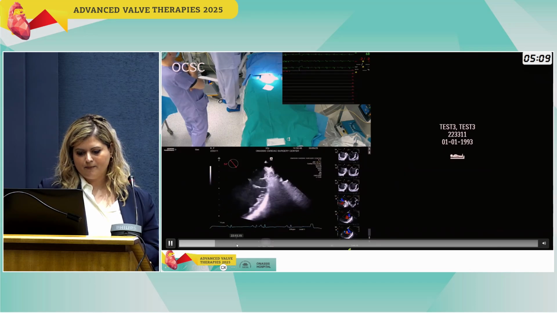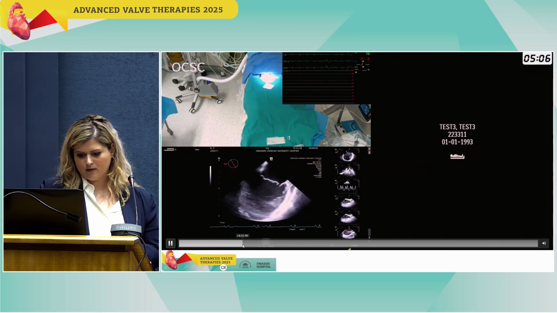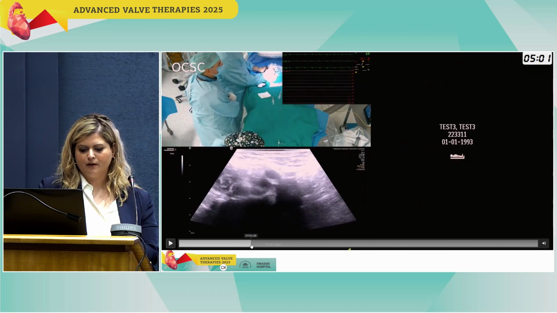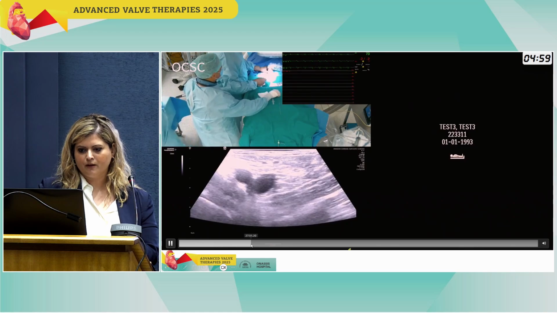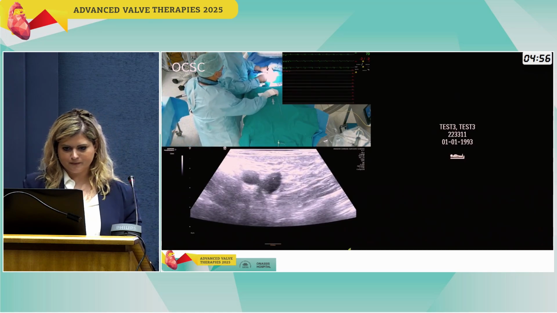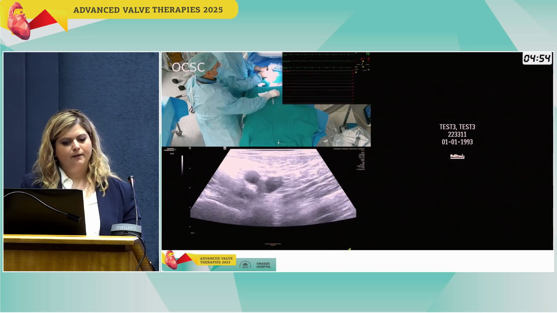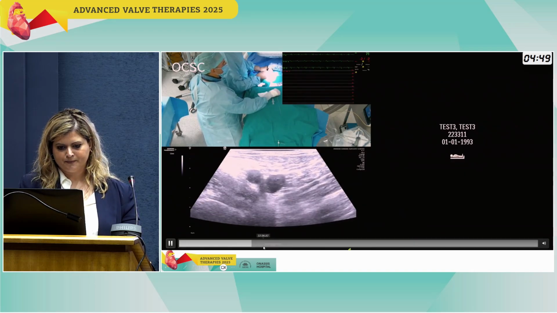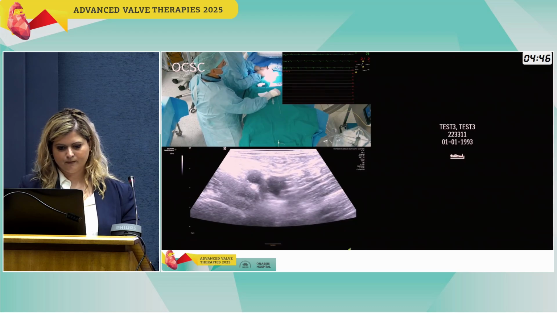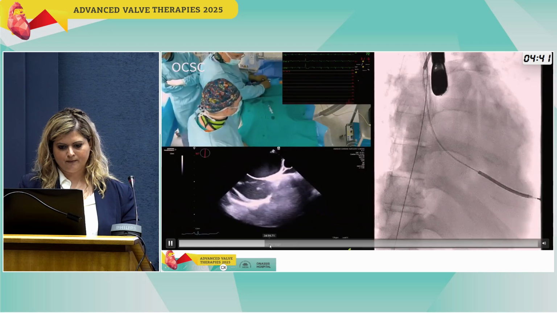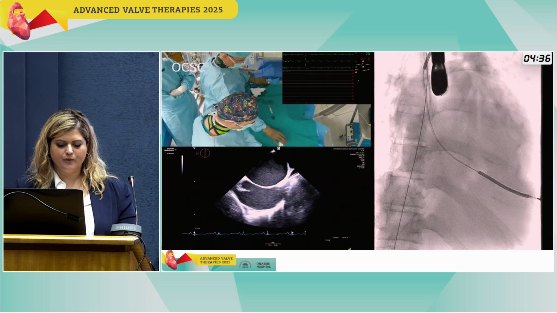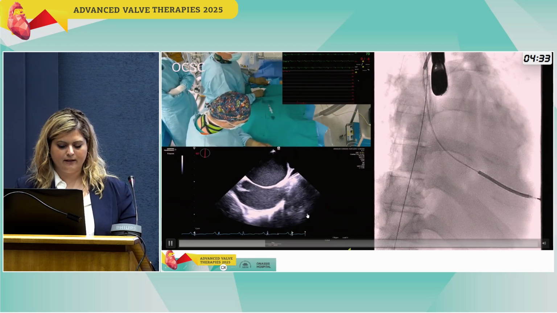We go from the femoral vein under echo guidance in order to avoid a dissection, as you can see here. And after that, we go with the catheter to the right atrium, and we insert the needle for the transseptal puncture.